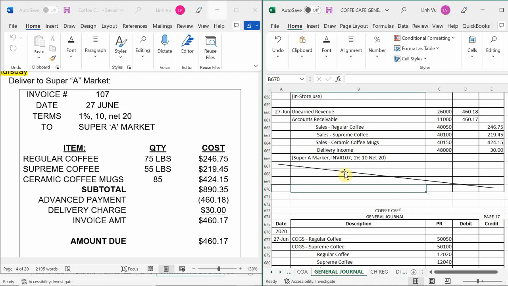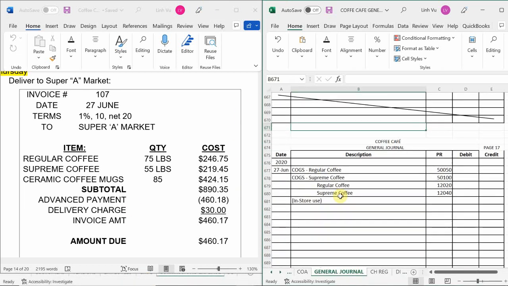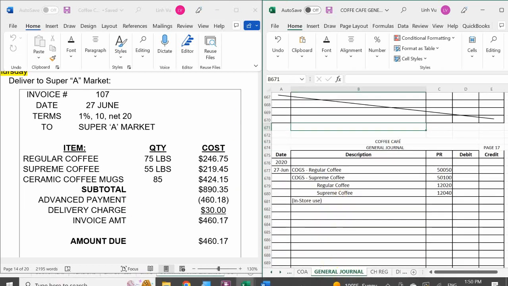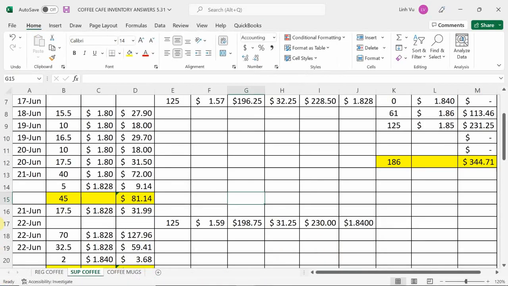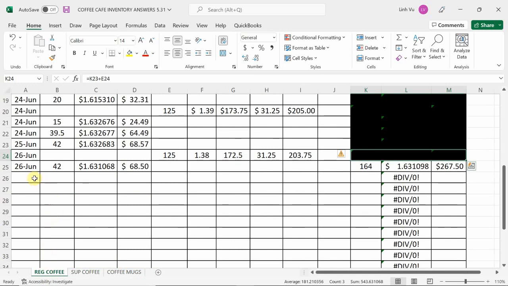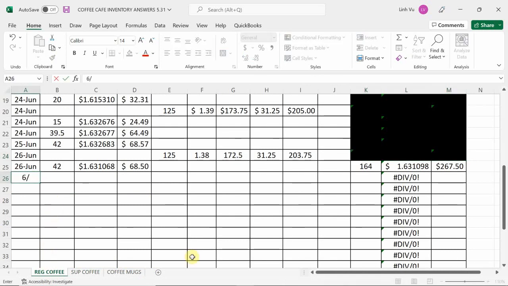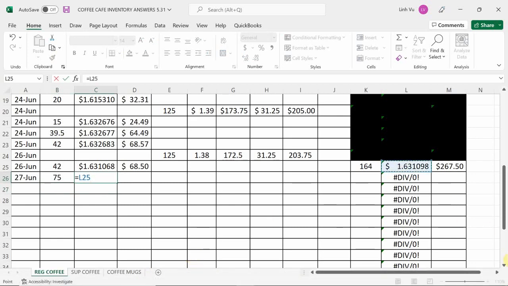Okay. All right. So let's go to inventory then. On regular coffee, we sold 75 pounds at the 1.631098.